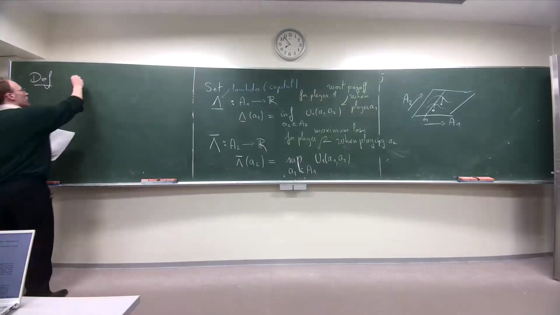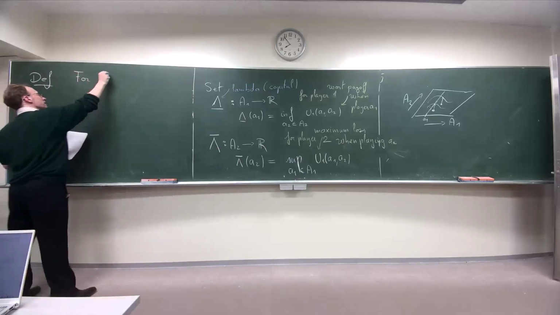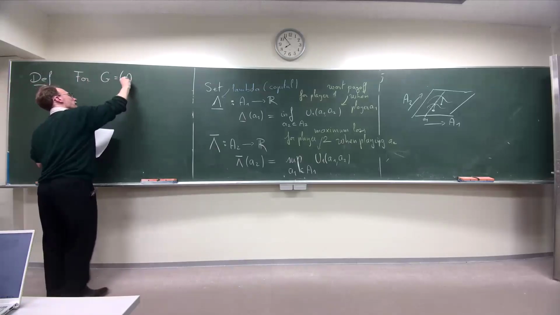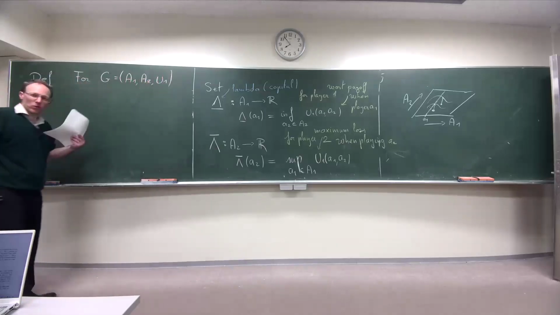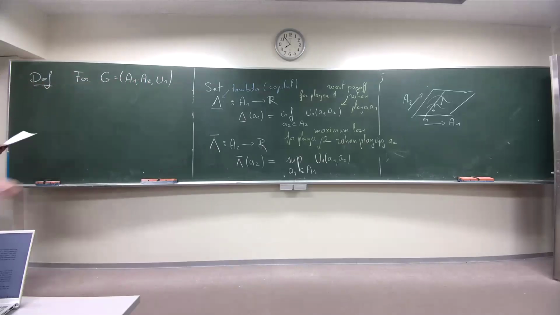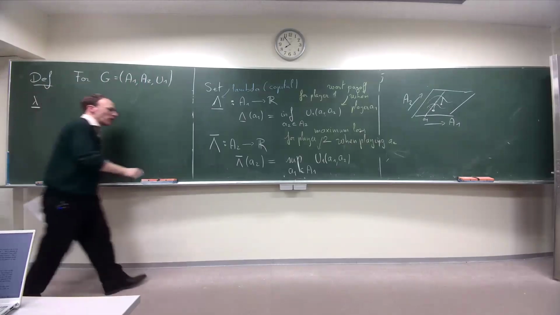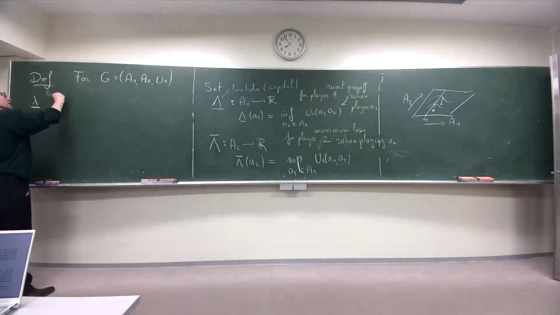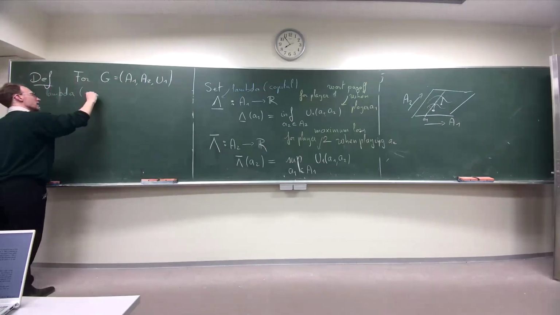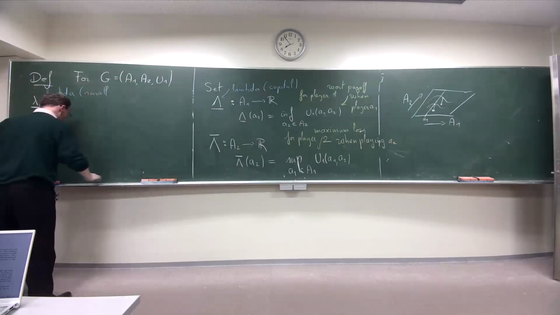Now, for this V equal to A1, A2, U1, when I write this, I mean a 2-player zero-sum game. I'm going to define lambda. This is now small lambda. This is still a lambda, but this is a small one. And you will be slightly surprised by the definition.